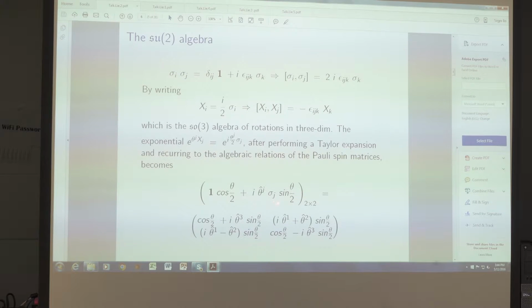But remember the J3? The J3 had 1 and minus 1 along the diagonal. So because you had the plus 1 and minus 1 along the diagonal, you end up with this. And then, of course, the J1 and J2 components will give you this expression here. Now, if you want to verify whether or not the determinant of this matrix is equal to 1, you can do the algebra and check that, in fact, the determinant is 1, if you did the algebra correctly. Okay?